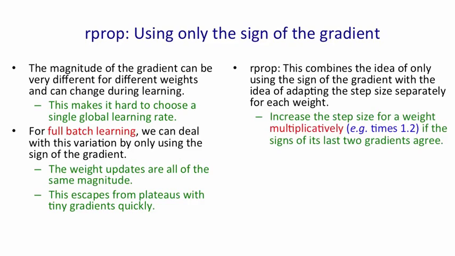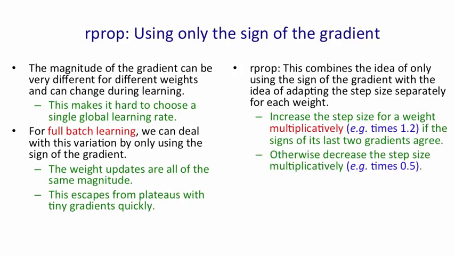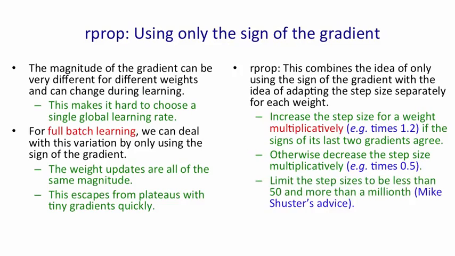So we increase the step size for a weight multiplicatively, for example by a factor of 1.2, if the signs of the last two gradients agree. This is like in Robbie-Jacobs' adaptive weights methods, except that we're going to do a multiplicative increase here. If the signs of the last two gradients disagree, we decrease the step size multiplicatively. And in this case we'll make that more powerful than the increase so that we can die down faster than we grow. We need to limit the step sizes.